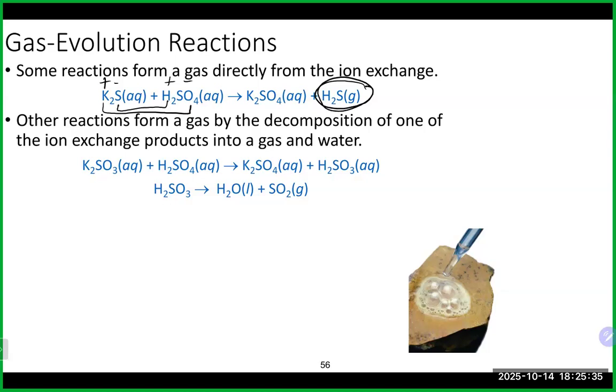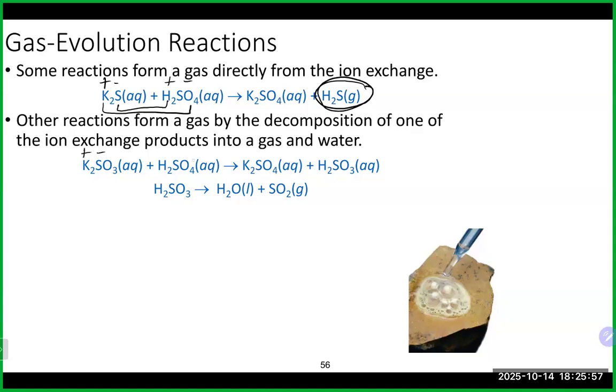Other reactions will form a gas as a result of the double displacement followed by a second reaction, which is a decomposition reaction. What happens in that particular case is one of the products formed as a result of the double displacement reaction will very quickly decompose into a gas. And that's what we see here.